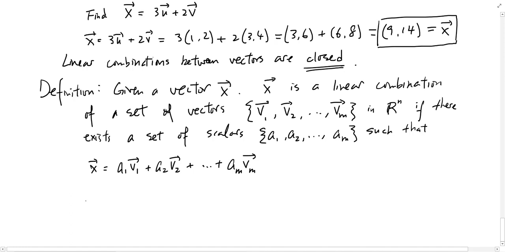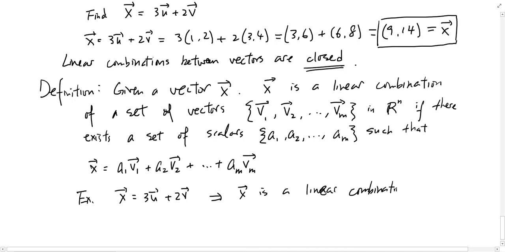So in our example, when we have vector x equal to 3 vector u plus 2 vector v, that implies x is a linear combination of u and v.